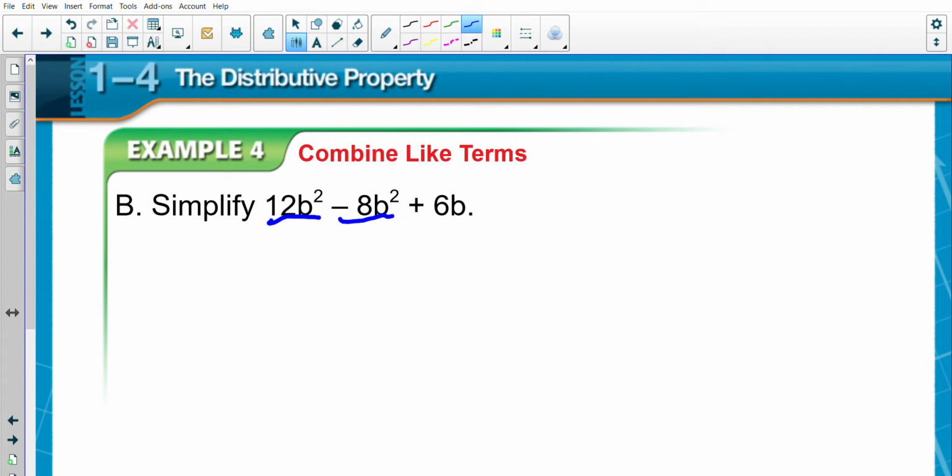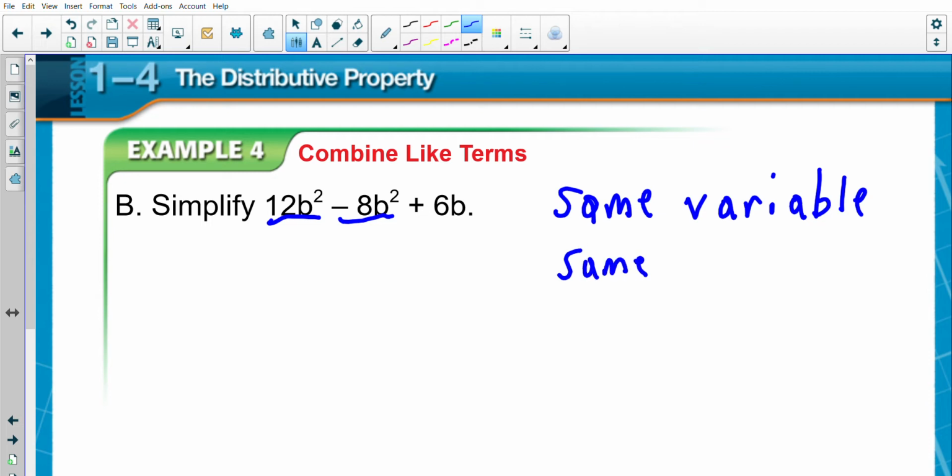But they have the same variable. So in order for it to be like terms, it has to have the same variable and also the same exponent. Same variable, same exponent.